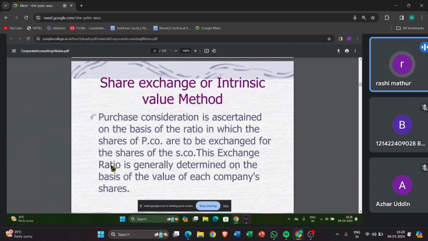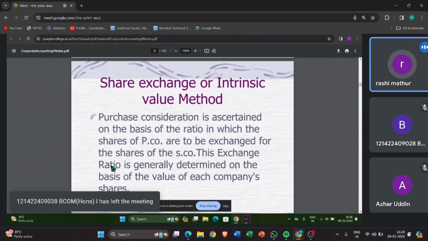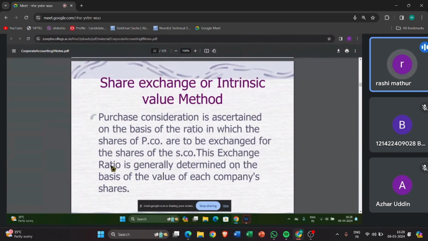We have sums wherein we had seen that there were two shares. Say for example, in the old company two shares were taken over, and in place of two shares only one share was issued. So that is nothing but share exchange. I'm taking over, I'm cancelling your old shares, and in place of them, I'm issuing you the new shares. That is called the shares exchange method.